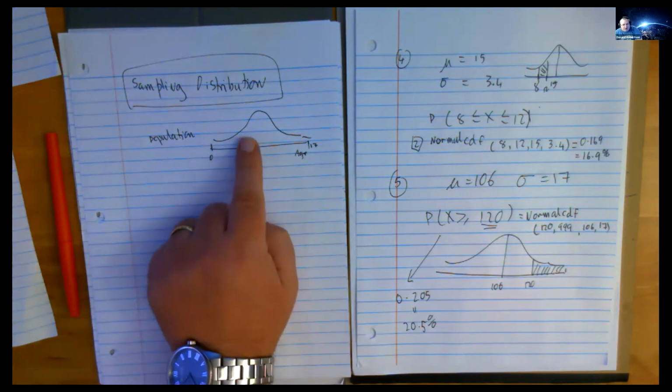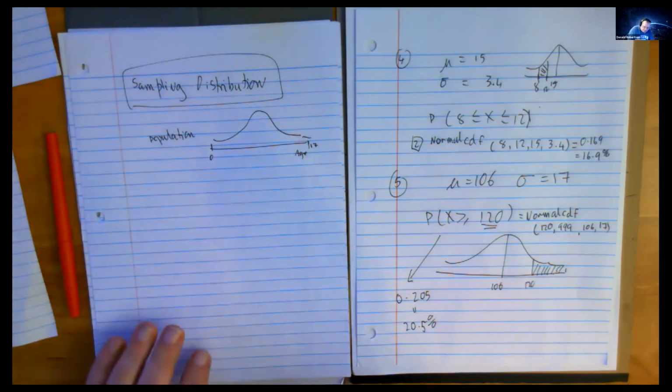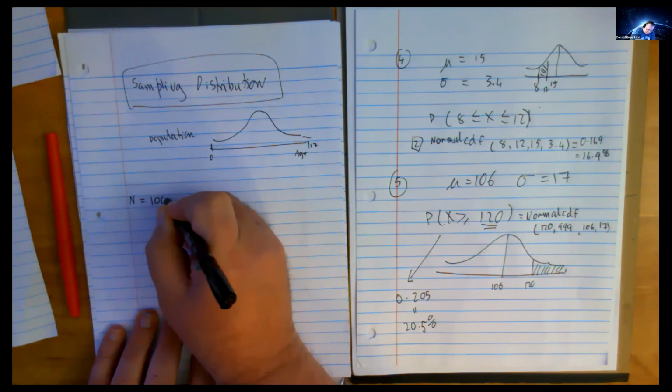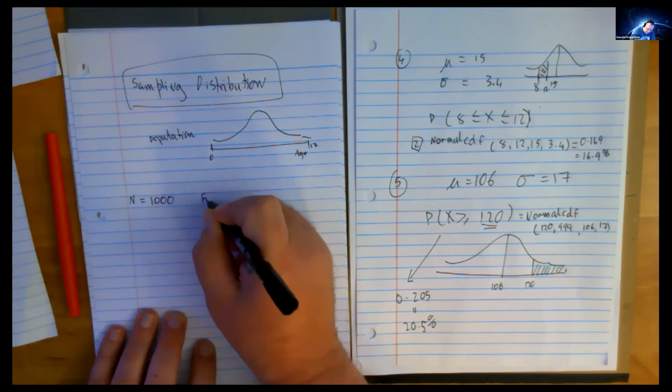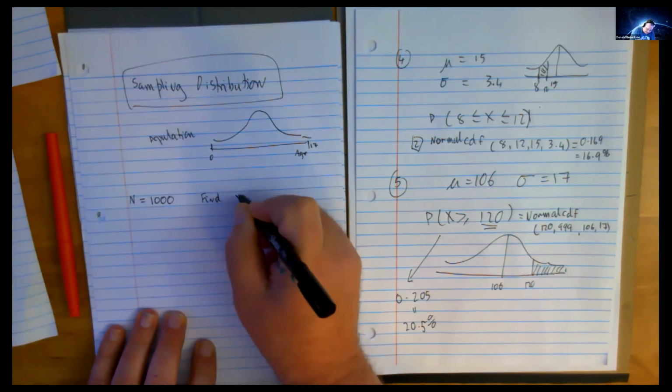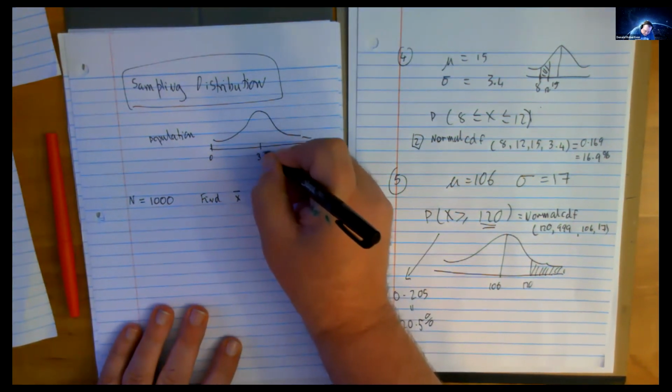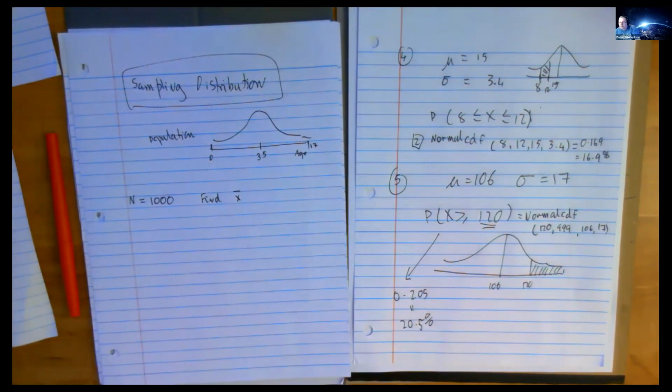We're now going to look at a population that can be anything. It might be skewed, it might not. It could look like the Himalayas. It could have 10 bumps in it. Doesn't matter. But what we're going to do is take a sample of 1,000 people, and find the mean of that sample. So let me just pretend that the average age of Americans is 35, just for argument's sake.